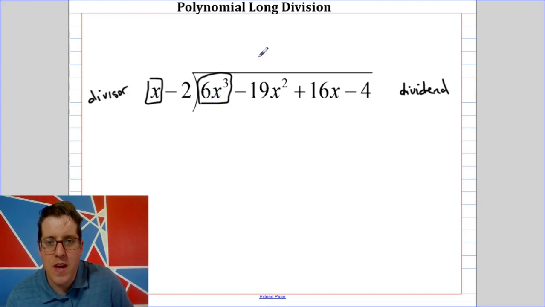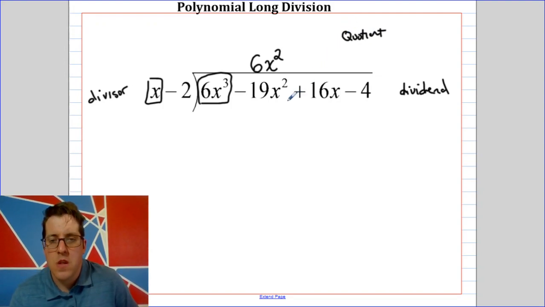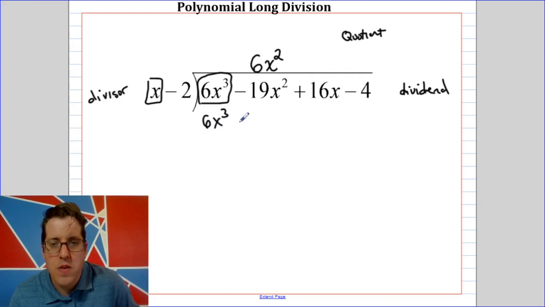Well, you would need a 6x squared. This is going to be our quotient. And we might also have a remainder. So when I multiply all of this out, that would give me 6x cubed minus 12x squared.